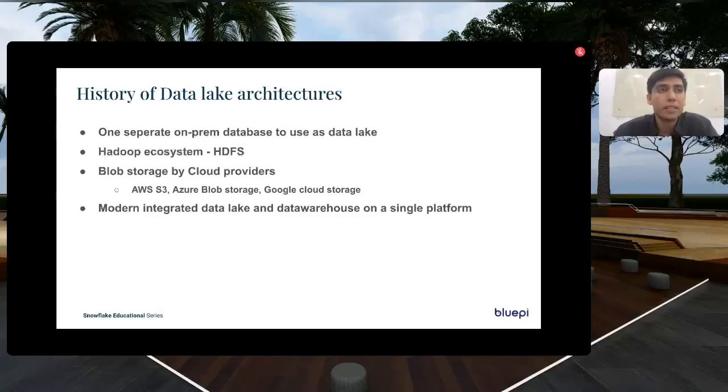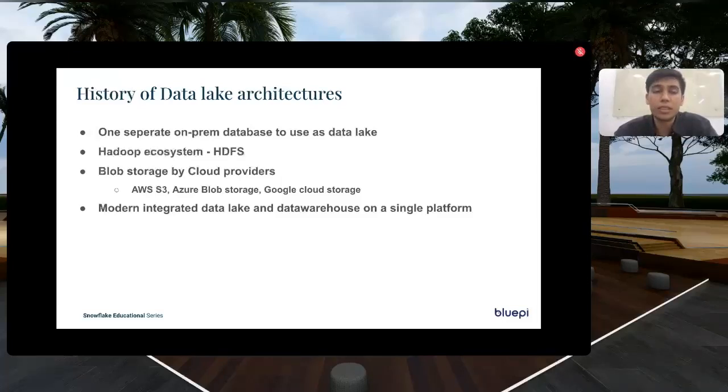It was an on-prem solution, and you needed very specialized data engineers even to keep the platform running 24 by 7. And since it was on prem, it was not easily scalable.